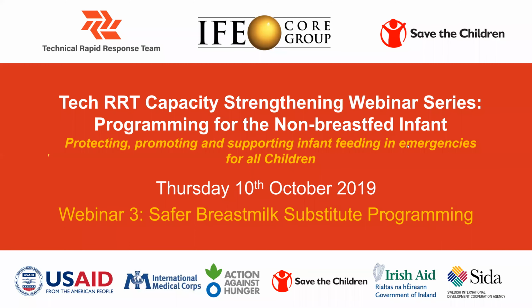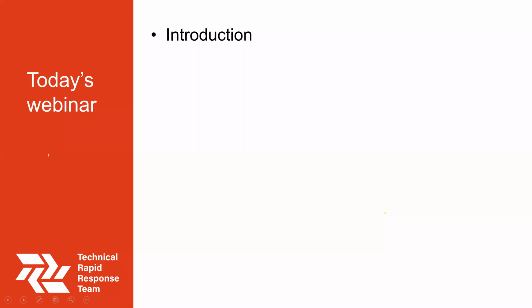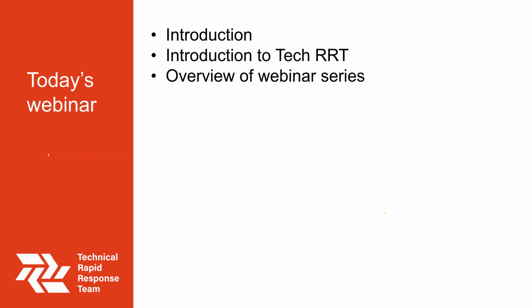I'll just take a couple of minutes right now to introduce the day and our session. Today's webinar, first we'll have a brief introduction, then I'll introduce you to the TechRRT, then we'll have an overview of the webinar series, that's the three in the series, and then we will go to our main presentation.